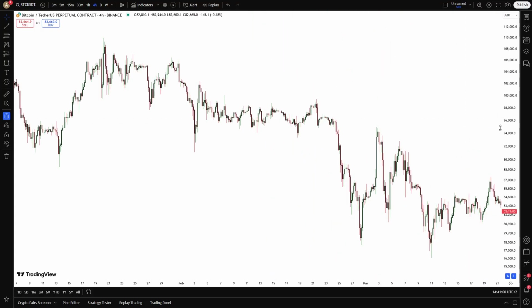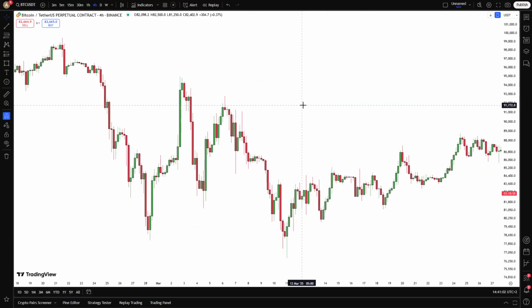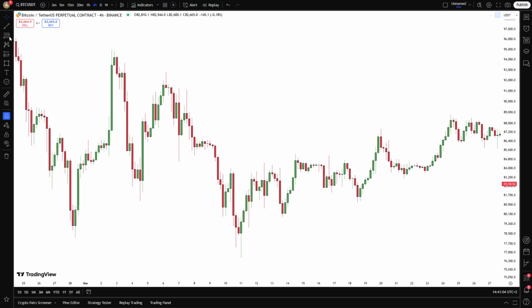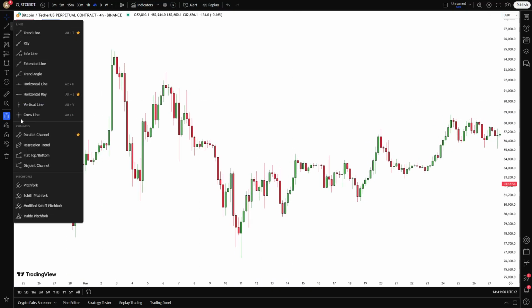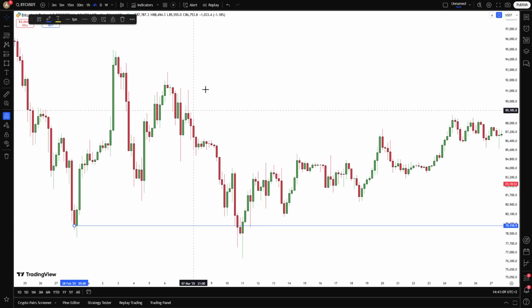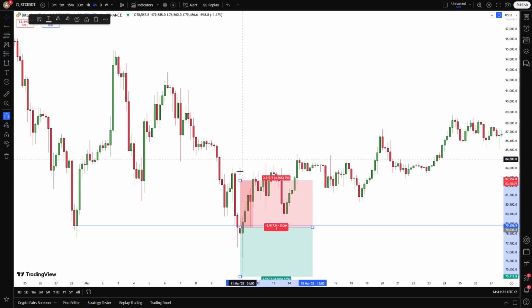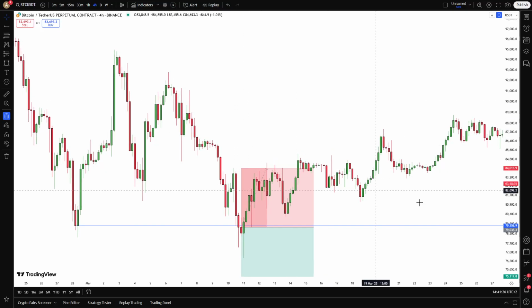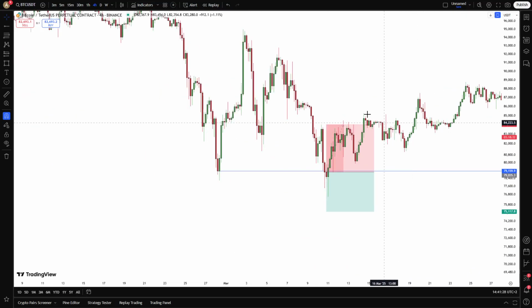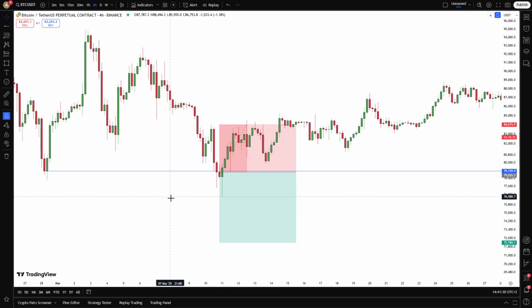I will try to find the last point real quick. Okay, let's look at it from this side. Imagine people confirm this as, okay, price is breaking down. Look at it from a long and a short perspective. Would there even be a reason to short this? No, of course there won't. This would have to be your stop loss, and you don't know if it is actually breaking down.